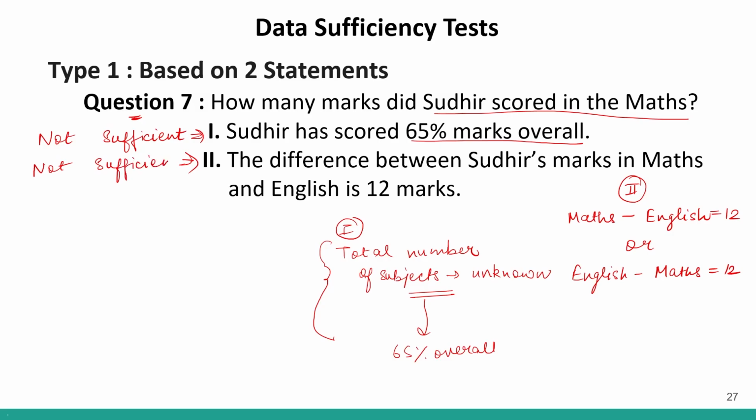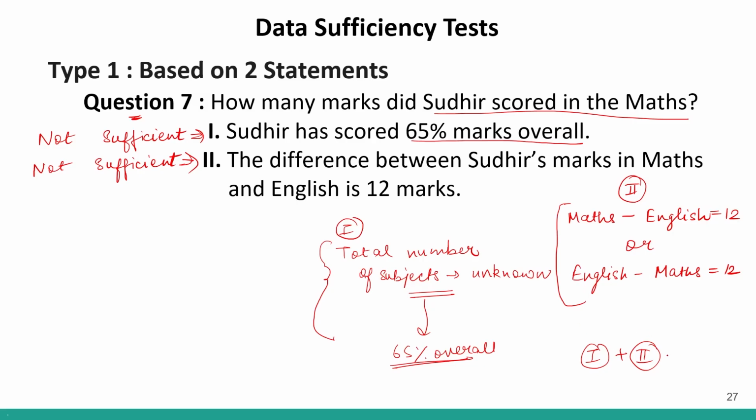Correct? Now, even if I combine the two statements, so I am taking 1 plus 2, I just know his overall percentage is 65. But I don't know how many subjects he has given, how many examinations he has given. Again, in statement 2, it is not clear to us whether he has scored more in maths or in English.